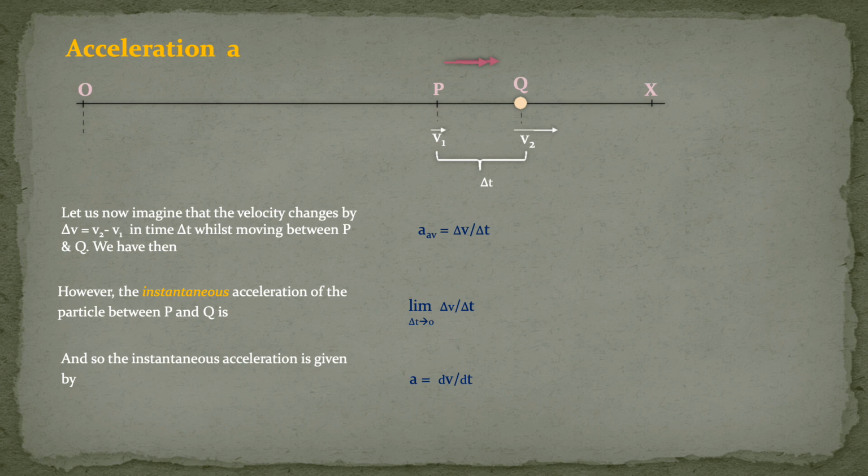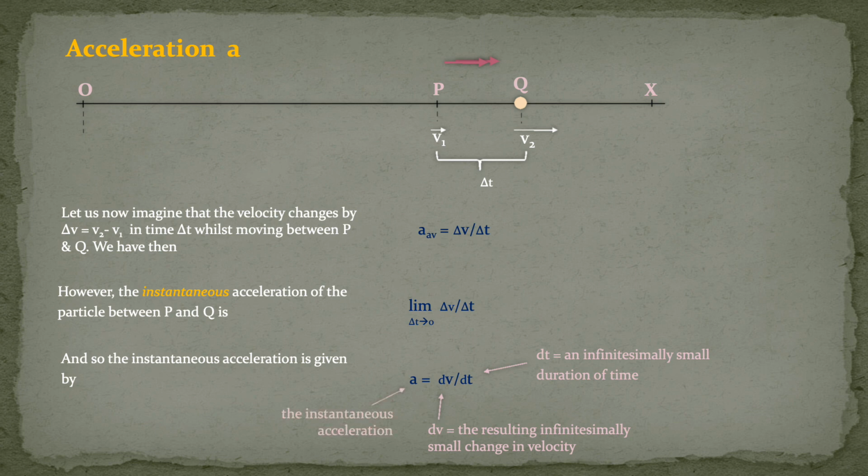And you will meet occasions when the acceleration is non-uniform at Advanced Higher. So just to sum up, dt is the infinitesimally small duration of time, dv is the resulting infinitesimally small change in velocity which takes place during that time interval, and of course a is the instantaneous acceleration.